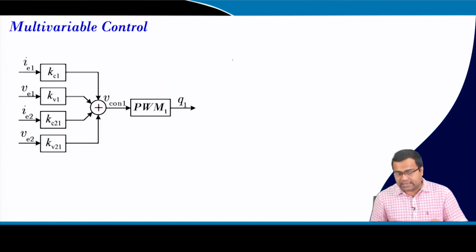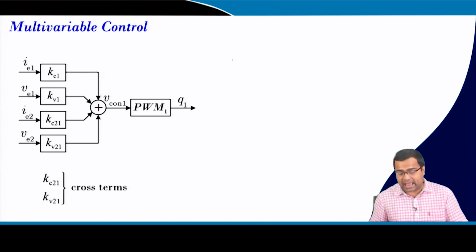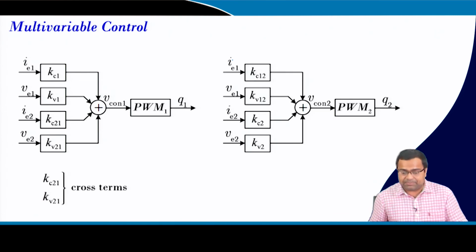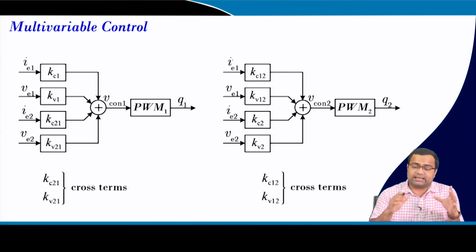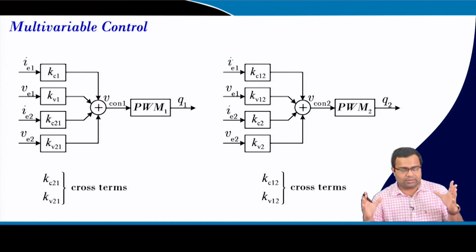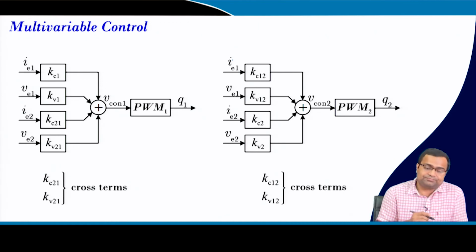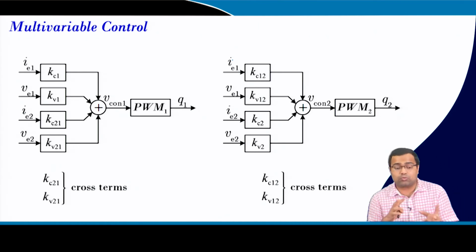But since we can represent it in a multivariable form, we can actually represent this in a standard state feedback form, in which it is a two input two output system.